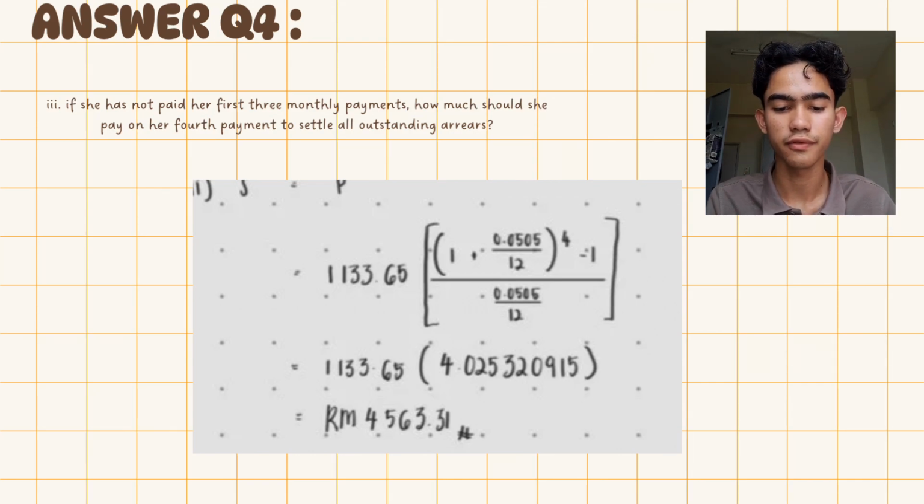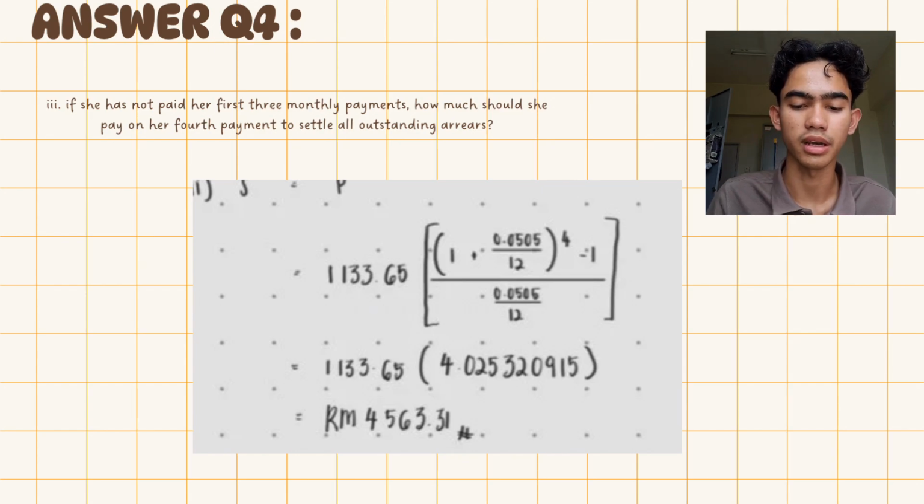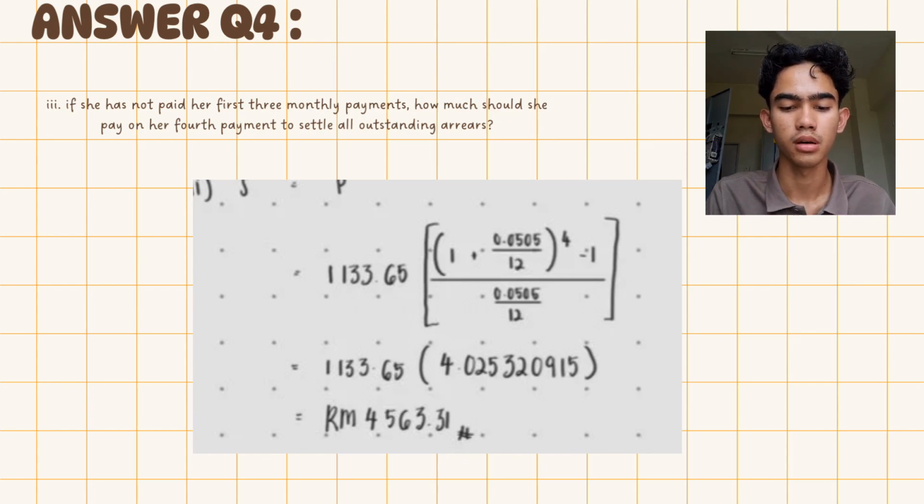By using the future value formula, which is S equivalent to R multiplied by 1 plus 0.0505 per 12 powered by N minus 1 divided by I, we get 1133.65 multiplied by 1 plus 0.0505 per 12 powered by 4 minus 1 divided by 0.0505 per 12.